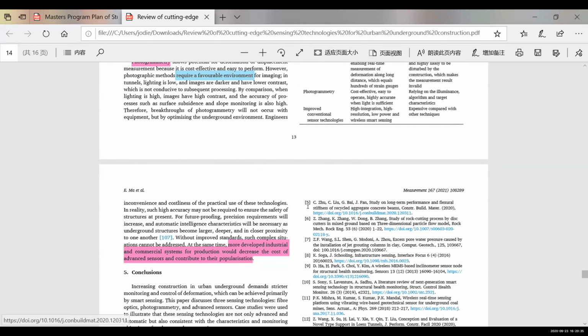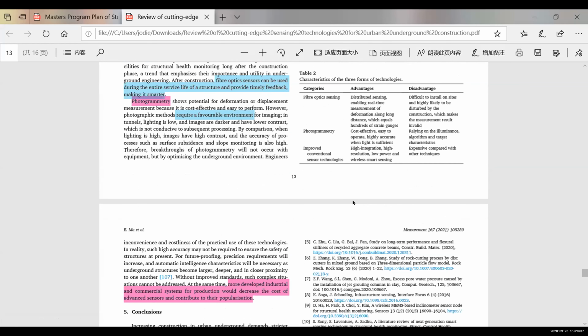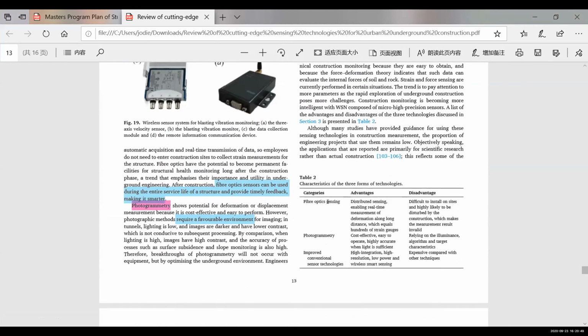But in the future, more developed industrial and commercial systems for production would decrease the cost of advanced sensors and contribute to their popularization. So that's all.